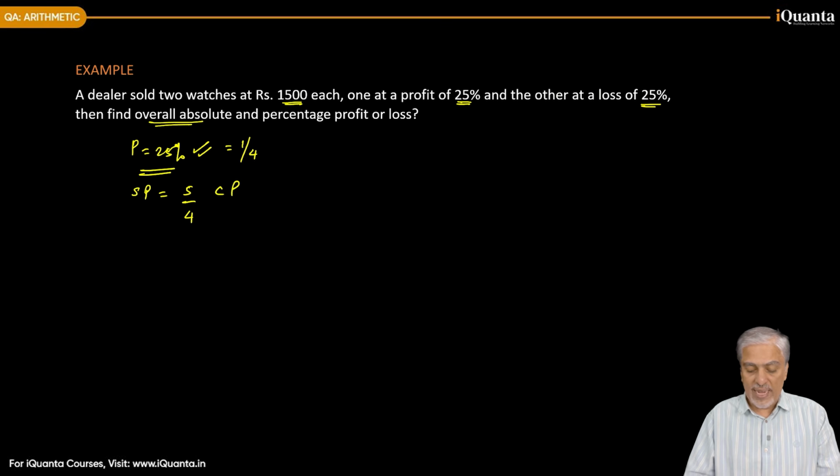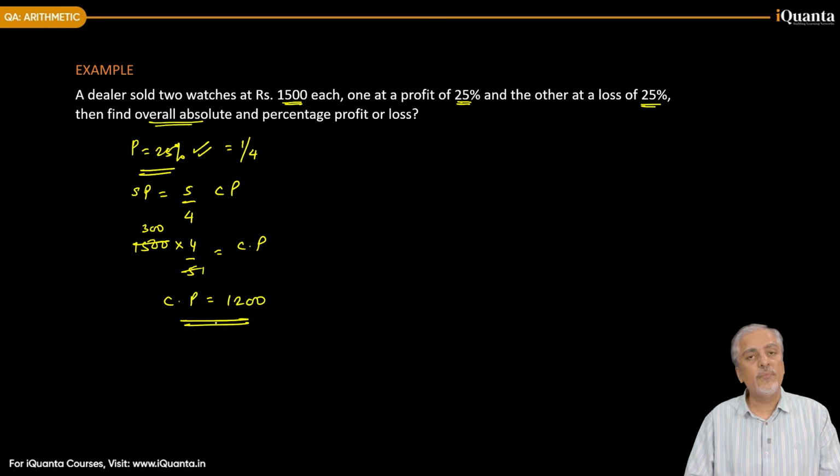Once I know this, they have told us the selling price, which is 1500. So 1500 multiplied by 4 by 5 will become my cost price of the first watch. 5 ones are 5, 300. So cost price of the first watch becomes 1200 rupees, right?